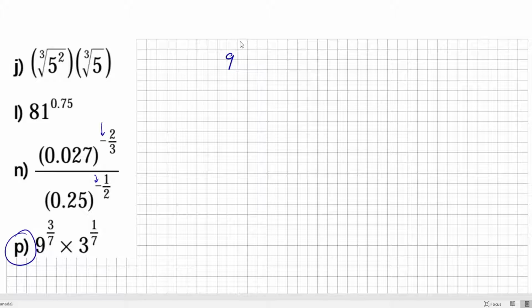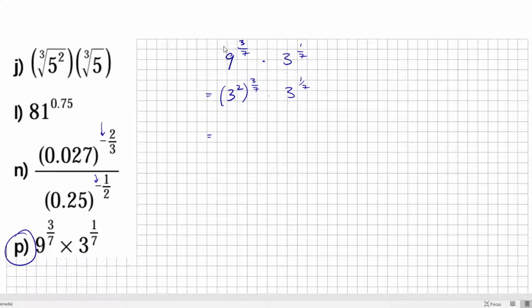9 to the power of 3 over 7 times 3 to the power of 1 over 7. And as I just said, that 9 could simply be rewritten as 3 squared to the power of 3 over 7 times 3 to the power of 1 over 7.